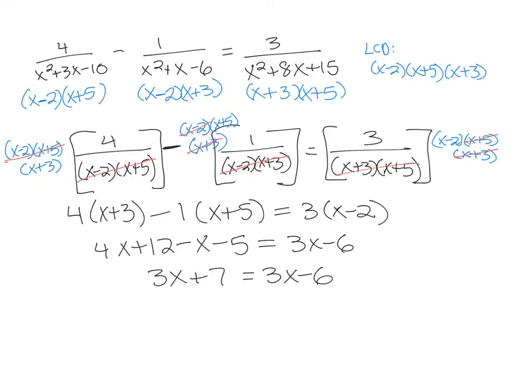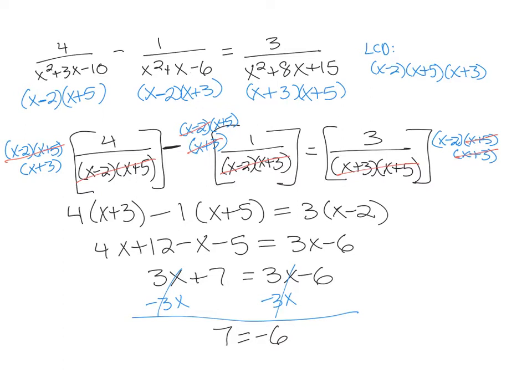And this leads me to the next thing I want to show you. Notice that when I get my x's together here, subtract 3x from both sides, what happens? They're gone. And I'm left with 7 equals minus 6. When is that true?